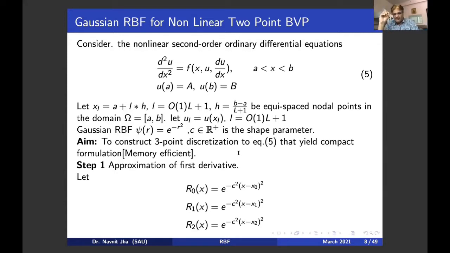In r2(x), I have taken the third point x2. You take 1. So I basically have a function like e raised to the power minus c square x square. Another is e raised to the power minus c square (x minus half) whole square. And the third one is accordingly. The three functions are on the same pattern, except I have changed x0, x1, x2. Now, there are three functions, all having similar character, exponential function.